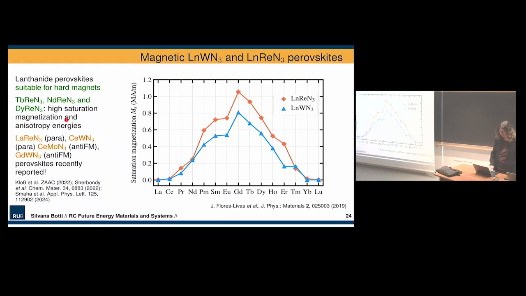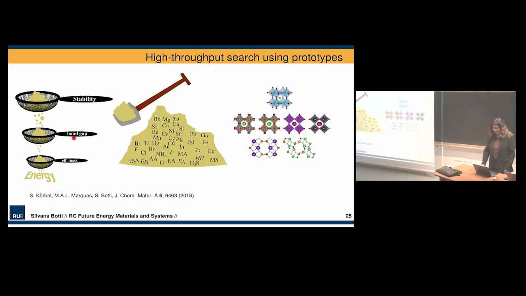So there is still work going on in this perovskite. This is just one example, because when we do high throughput calculations, we predict a lot of different phases. Sometimes experimentalists find something that can be interesting and make it. But okay, this was an example, and it was very limited.